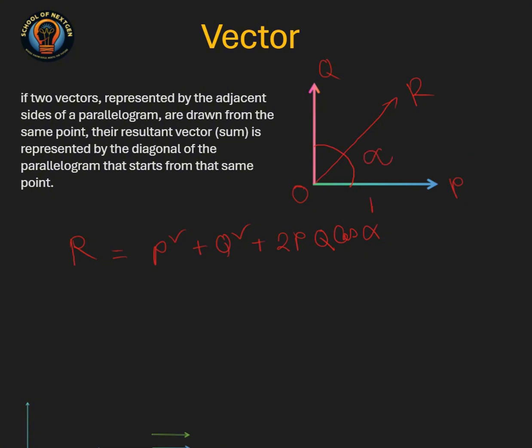Again, this is a P vector and this is a Q vector, and the resultant is R. So R is equal to the square root of P square plus Q square plus 2PQ cos alpha.